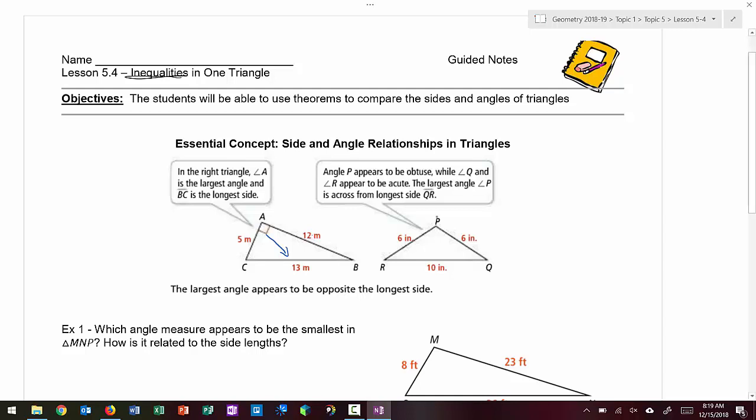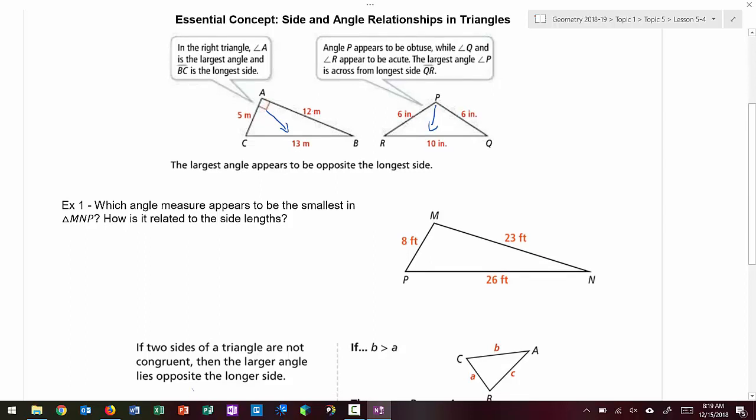Now, if we look closely at this other triangle, this appears to be an obtuse angle here, bigger than 90, and that's once again across from our longest side. So the relationship you have here is that the largest angle is always going to be across from the longest side measure. You can always tell where one is given the other.